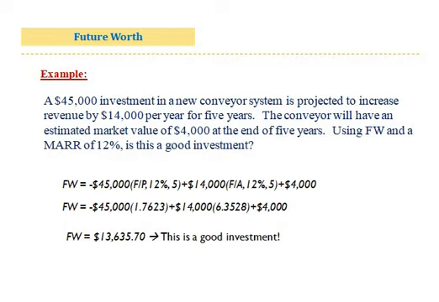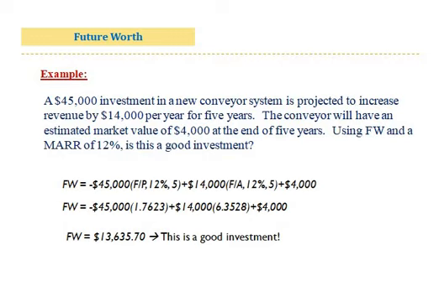So this is my annuity, and N equals 5. We have a market value of $4,000 at the end of year 5. Using future worth, from now on I will specify the method of solution. So using future worth and a MARR of 12%, is this a good investment?